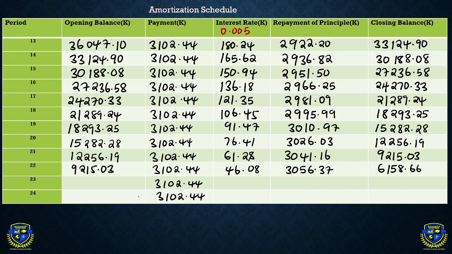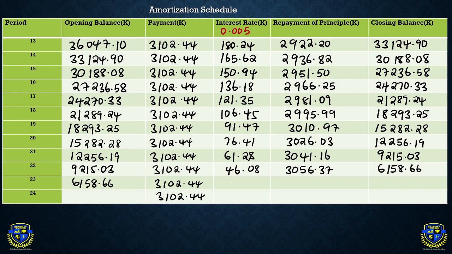Okay, so period 23. Opening balance, it's going to be 6,158.66. Now, 6,158.66 multiplied by 0.005.